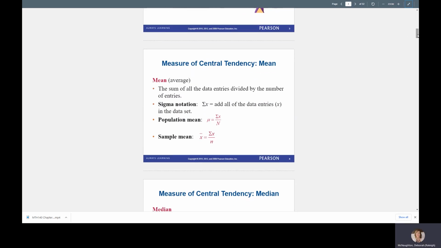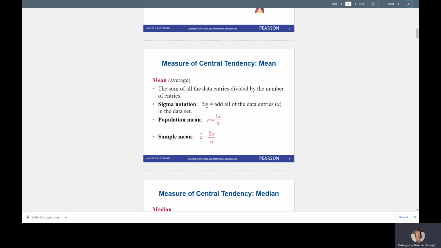The mean is the average, and the way that we calculate it is we add all the data entries. Remember from before, sigma in math means sum. This is a capital Greek sigma. So we sum x, and x represents the data.